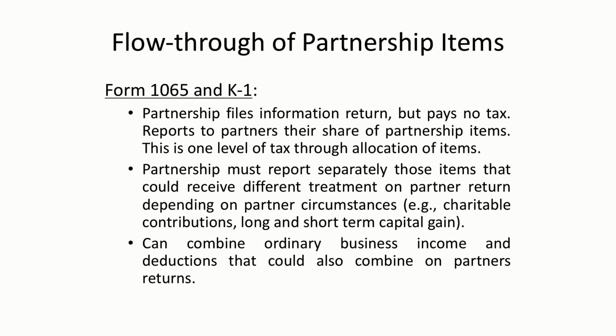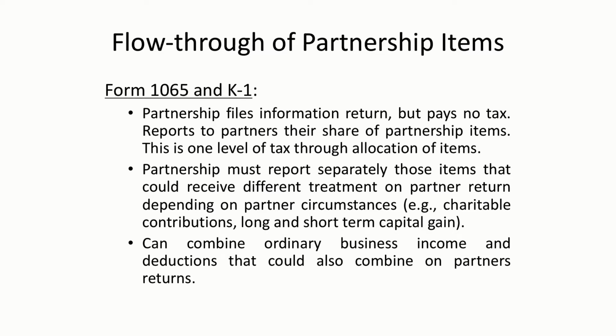Okay, partnership operations. Let's talk about Form 1065 and K1. At this point in the video, I think it's probably wise if you pause the video and pull up a Form 1065 and a Form K1 for 1065.